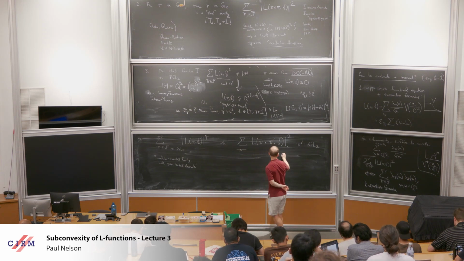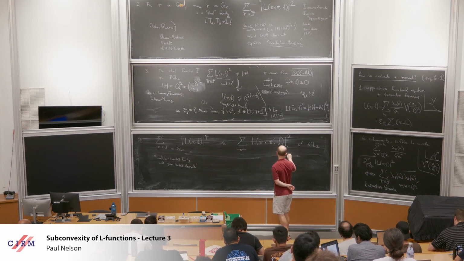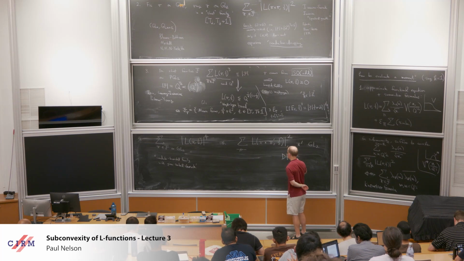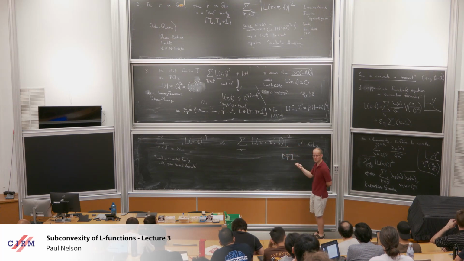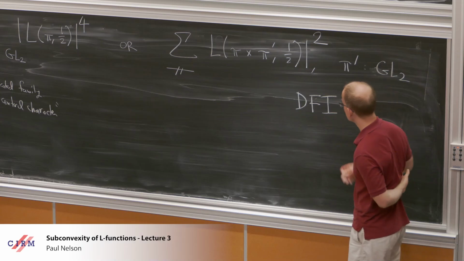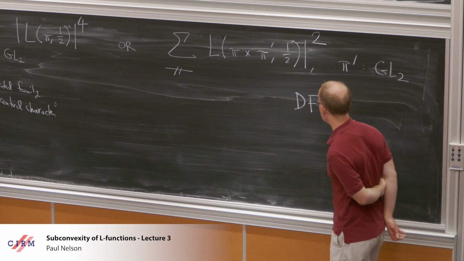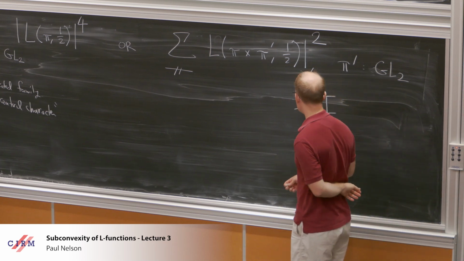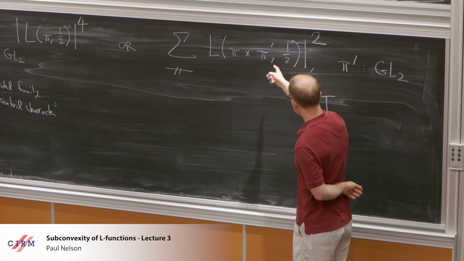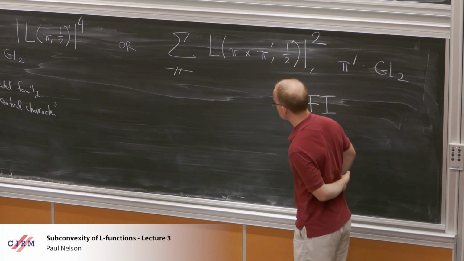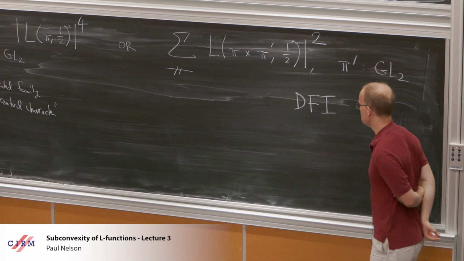Okay, so this comes up in papers of Duke, Friedlander, and Iwaniec. For example, the last two in the papers on bounds for automorphic L-functions. Philippe has a paper treating this case in many examples.